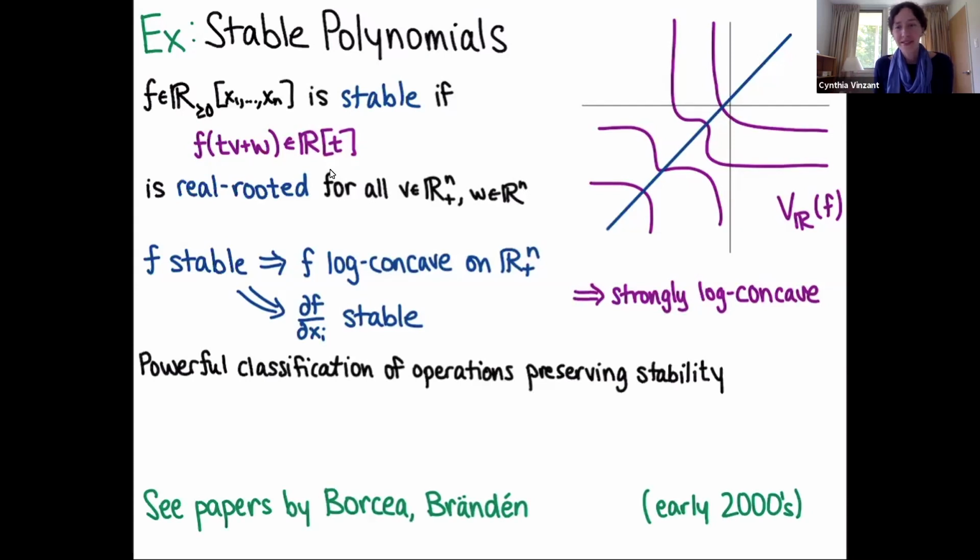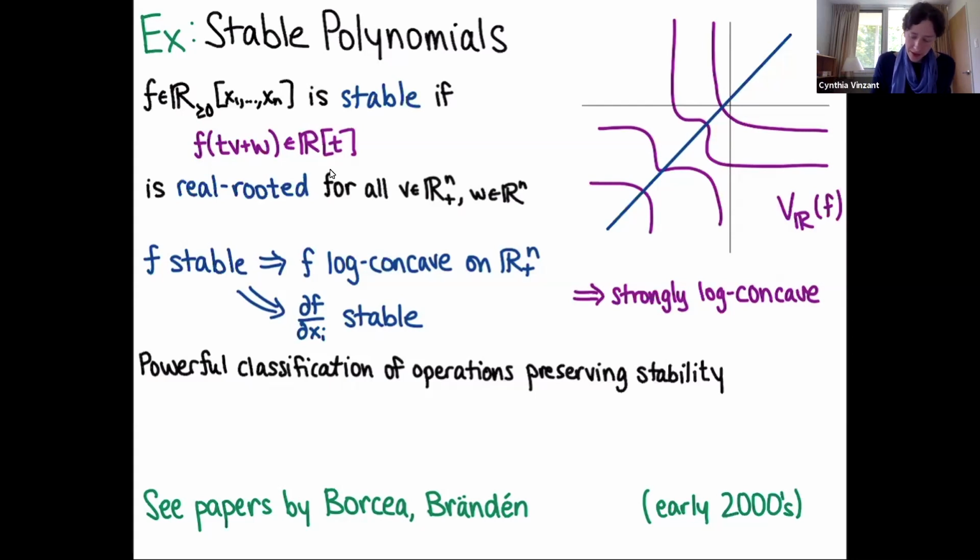So this is not the main object of the day, but this is a beautiful class of polynomials. One of the many nice things is that there's a powerful classification of operations that preserve stability. The seminal papers are by Borcea and Brändén from the early 2000s.